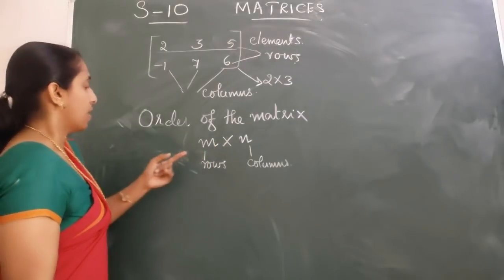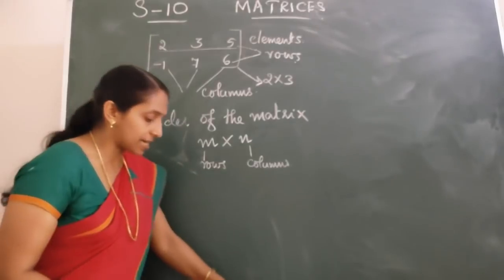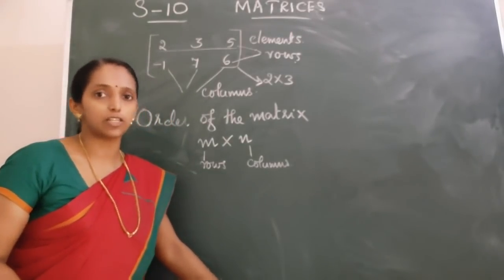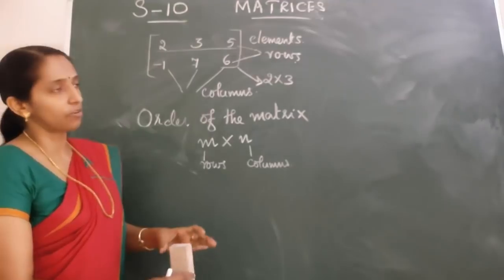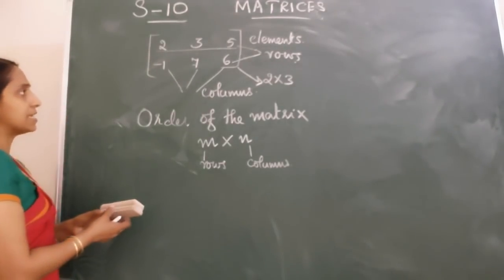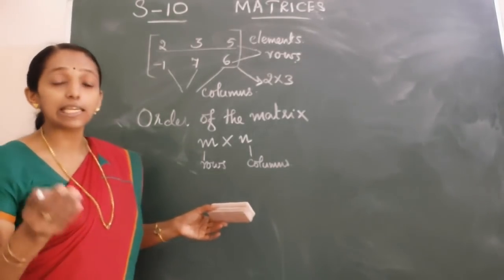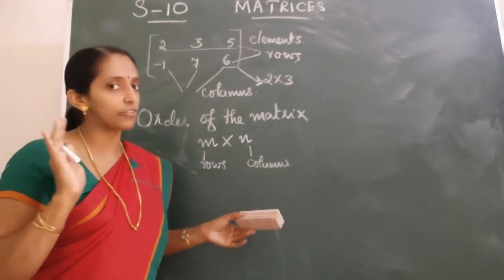Okay. The numbers or terms arranged in the rectangular box are known as the elements of the matrix. Normally, matrices are denoted by capital letters of the English alphabet.